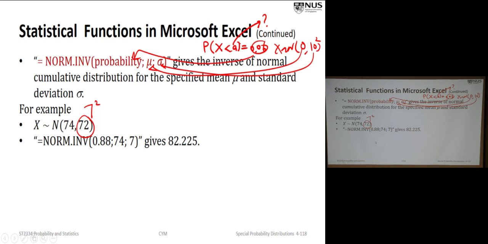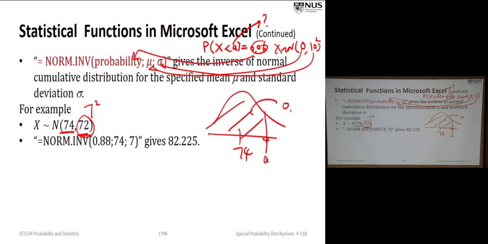Okay, so it means that if you have a mean 74 and standard deviation 7, all right, center is 74, you want to get a point such that the probability of being less than this point is 88%. So what is this point?